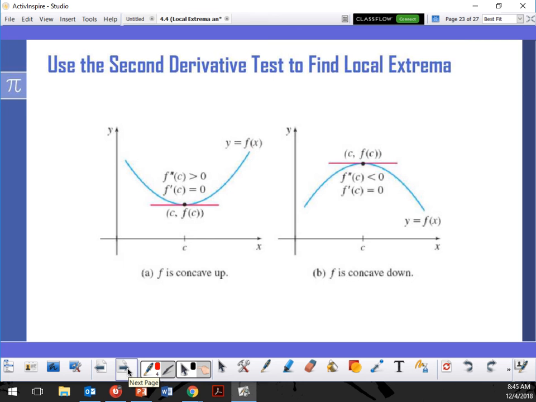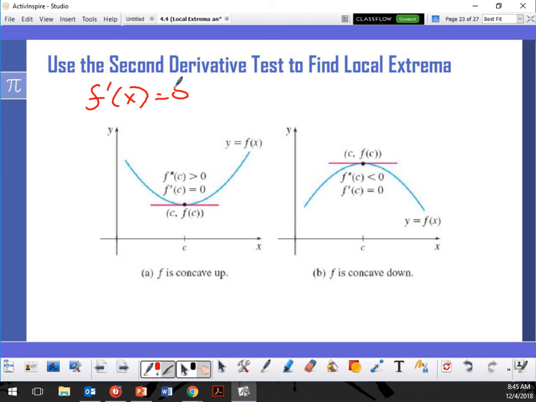Okay, so now, the second derivative test to find the local extrema. What this means is, I take my first derivative and set that equal to 0, so f prime of x equals 0, and I find my points.